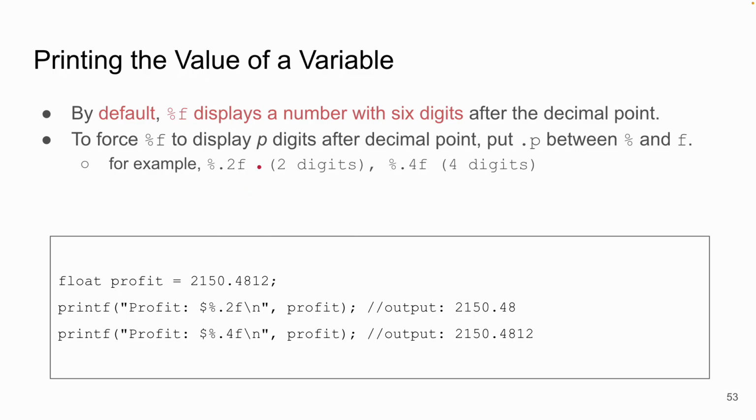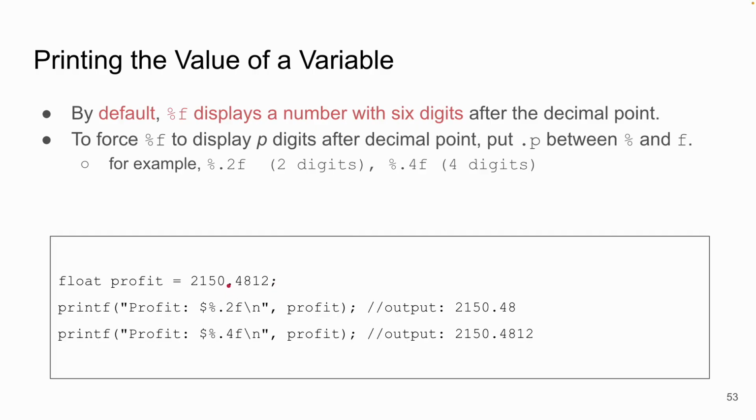By default, if we only write down the %f, it will display the number with 6 digits after the decimal point. But 6 digits is too long, right? For example, in this profit float variable, what we store inside it is this floating point number here, and in this floating point number, we only have 4 digits after the decimal point. The decimal point is the dot here.